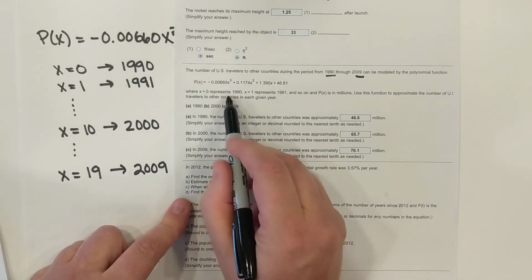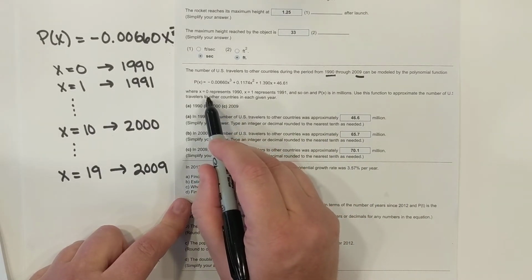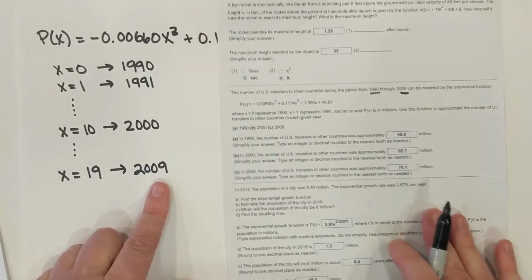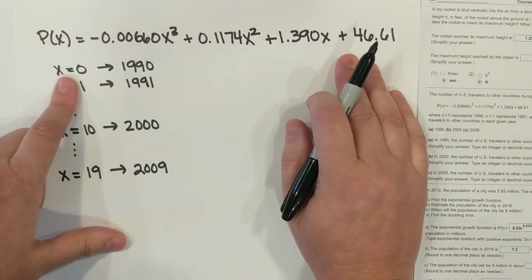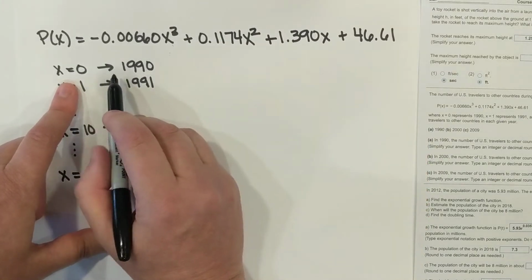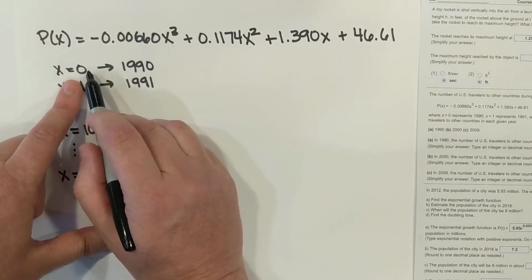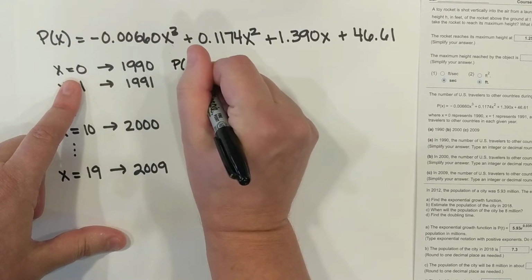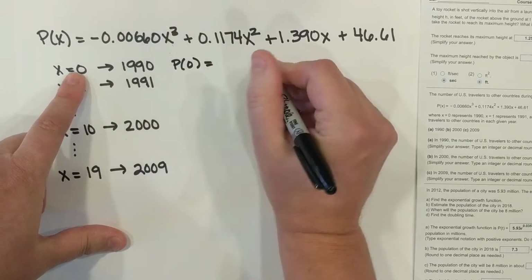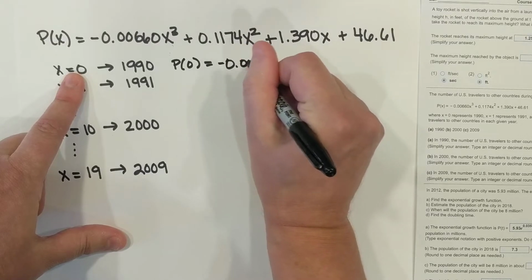All right, so up here it says 1990 is 0 in terms of x. All right, so there's our function, kind of a long polynomial. But if 1990 is 0, to figure out how many people came, we would plug 0 into the function for every x. So it would look like this.